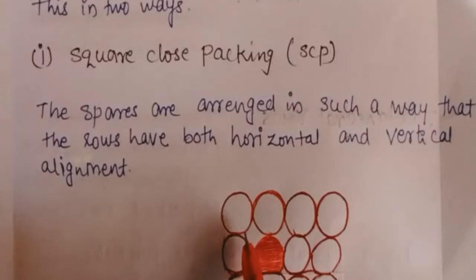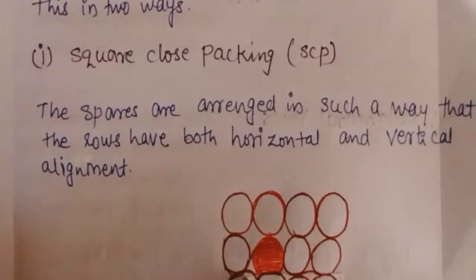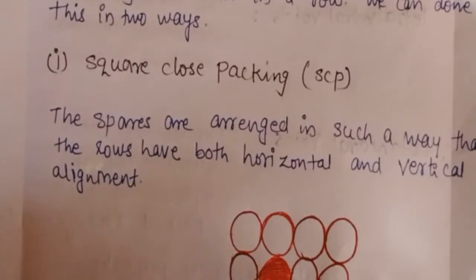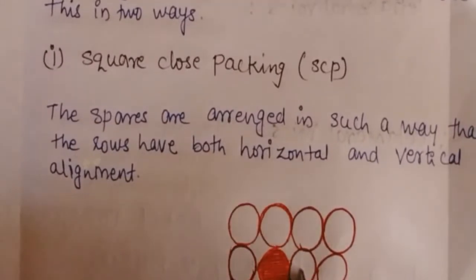So we arrange spheres in a horizontal and vertical manner. In this case, we can see that this sphere is surrounded by 1, 2, 3, 4 spheres. This sphere is touched by 4 spheres, so it is like a square, and it is called square close packing.